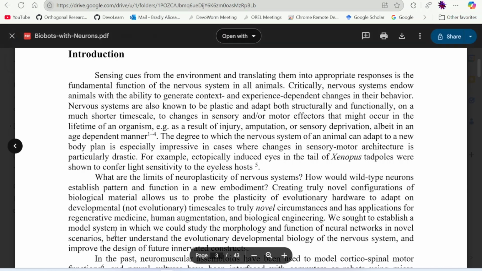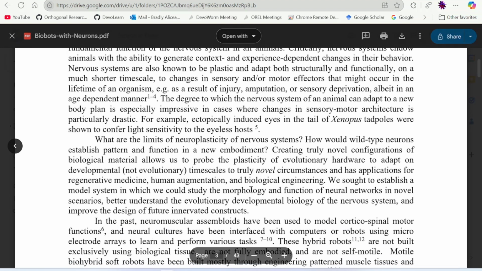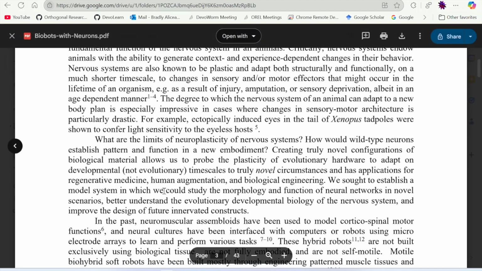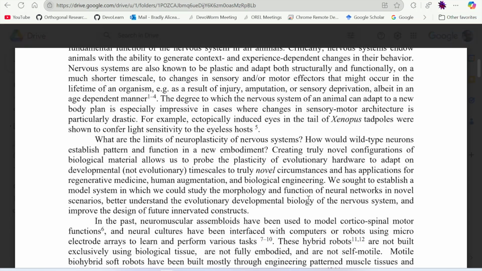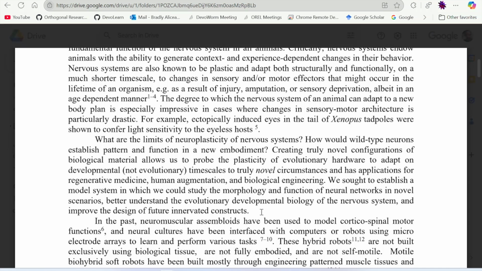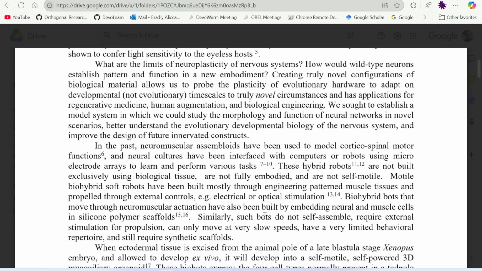We sought to establish a model system in which we could study the morphology and function of neural networks in novel scenarios, better understand the evolutionary developmental biology of nervous systems, and improve the design of future innervated constructs, meaning that you have cells in other cells and that there are nerves that come out of that and through the whole construct.